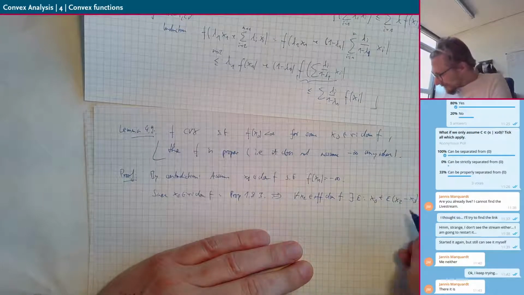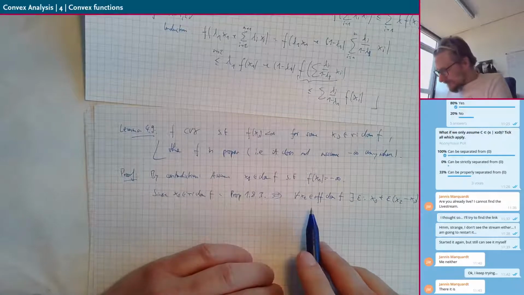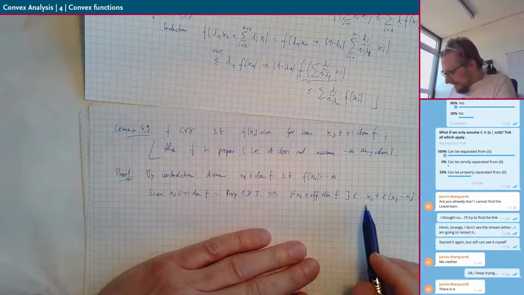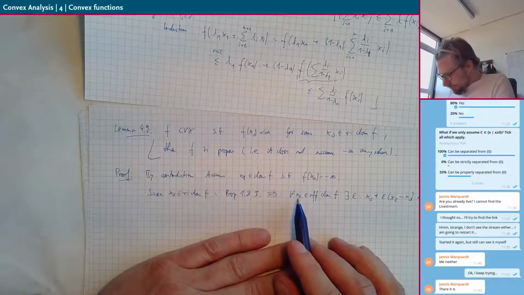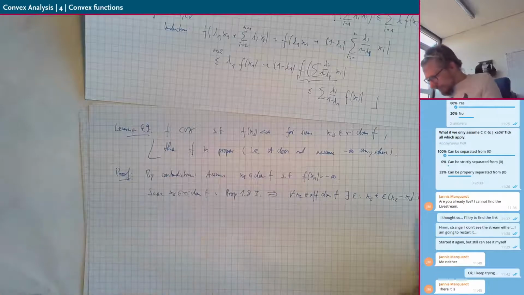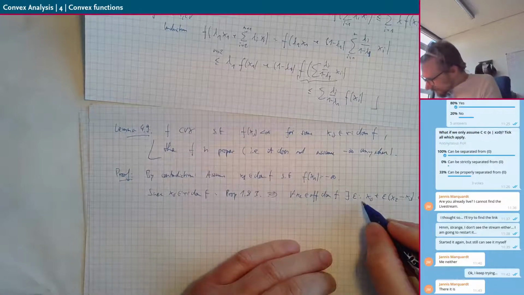So this was proposition 1.8, third point. It actually was an if and only if, and it's also with a minus, but we only need this implication with a plus.